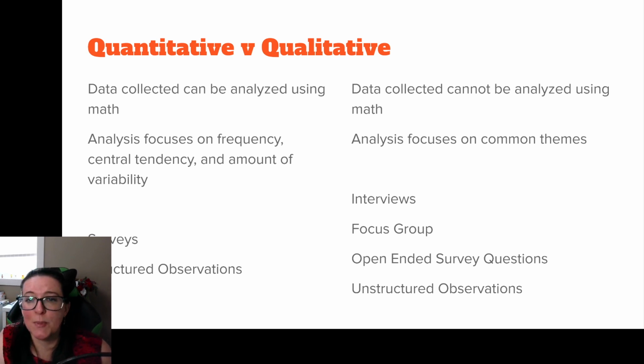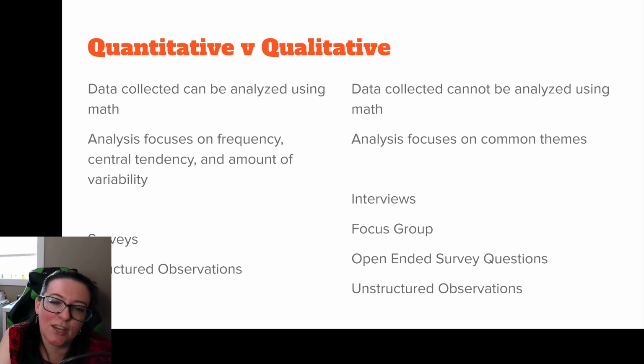So we need to distinguish between quantitative and qualitative because the analysis is different. We're going to get into natural language processing with machine learning. We're going to do that with more qualitative data. When we do our more descriptive statistics, like you're doing in stats, then it is more quantitative data.